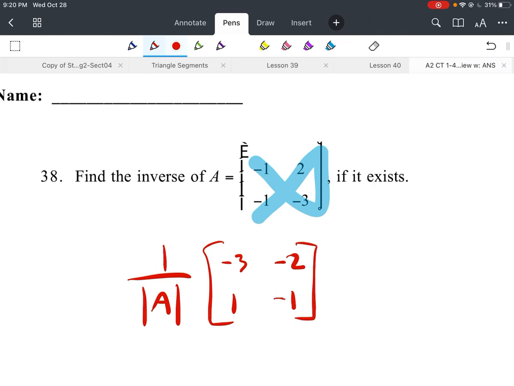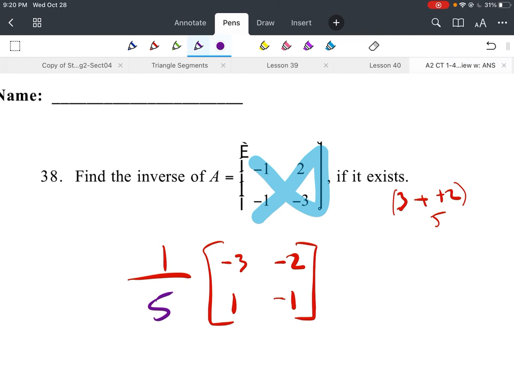All right, so let's do determinant real quick. Down first, and then minus the back. So this is going to be negative 1 times negative 3 is positive 3 minus negative 2. So this is 5. So this whole thing down here in the denominator is just a big fat 5.